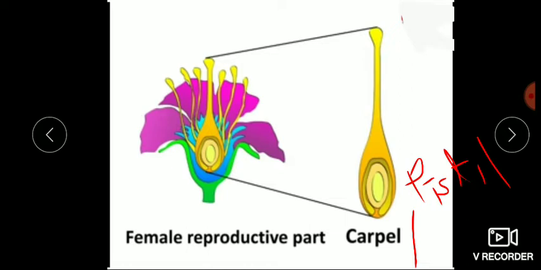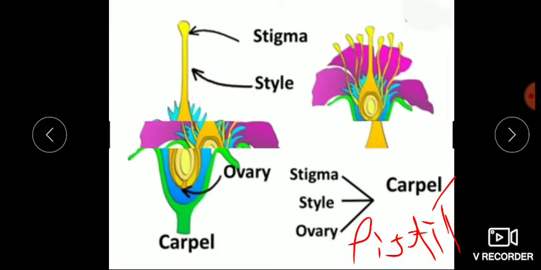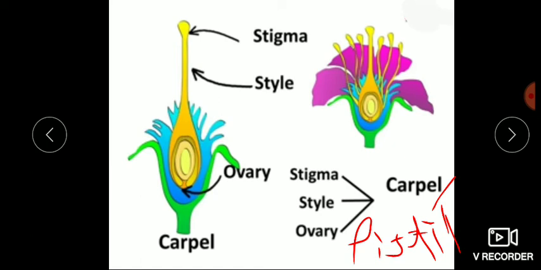And the female reproductive part, pistil or carpel. Okay, pistil or carpel is the female part of the flower, and it has three parts. The stigma is at the top, the style in the middle, the ovary at the base.